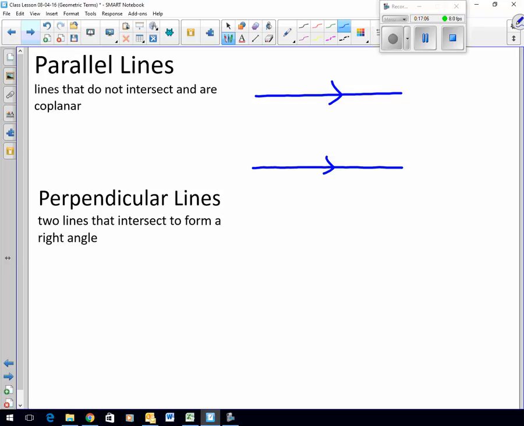Right? If I call this line A, and I call this line B, I could say this. Line A is parallel to line B. Sometimes I write in cursive and print at the same time. Sorry, kids.